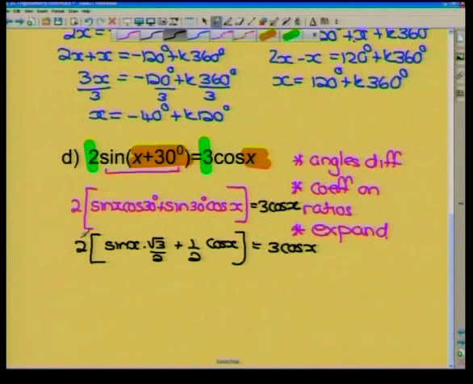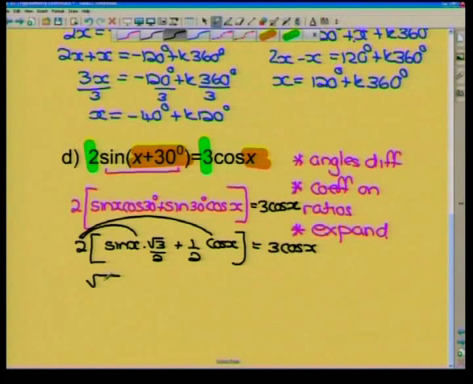Now, fortunately for us, there's a 2, which means I can times the 2 into each of these terms, and it'll make me lose the denominator. If it didn't, it wouldn't have been the end of the world. I would have just times through by the denominator a bit later on. But fortunately for me, in this case, that's the easy way to go. So it's root 3 sine x plus cos x equals 3 cos x.